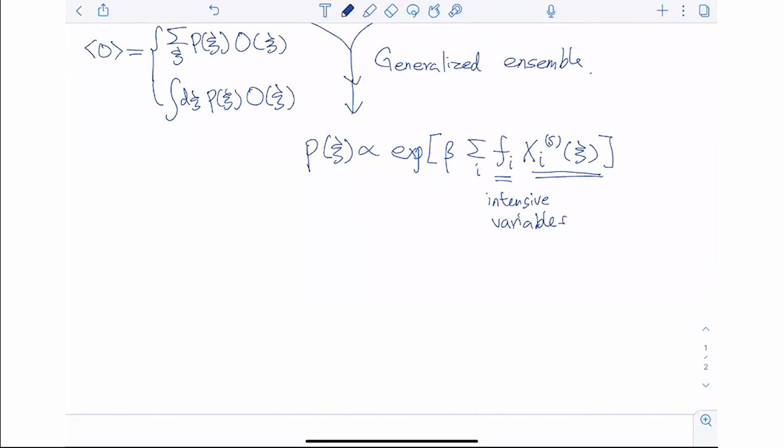And once we know the probability is proportional to this factor, we can construct the partition function correspondingly by the normalization condition again.